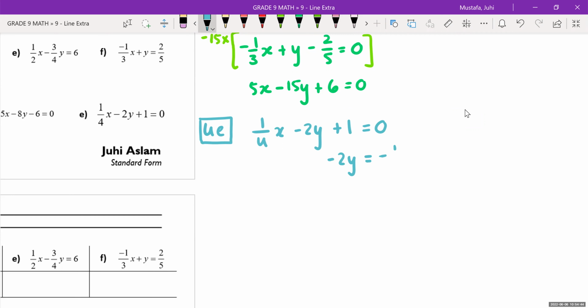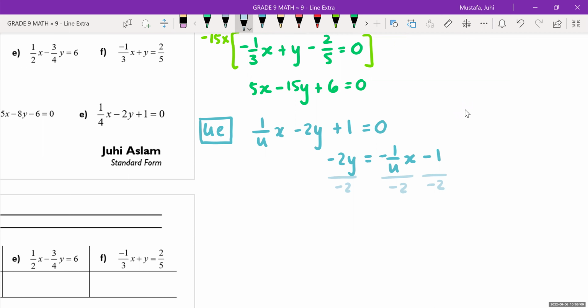It's going to become negative 1 over 4x. I'm going to move positive 1 to the other side. It's going to become negative 1. And then what do I have to do to get rid of the negative 2? Yeah, I got to divide every single one of these by negative 2.